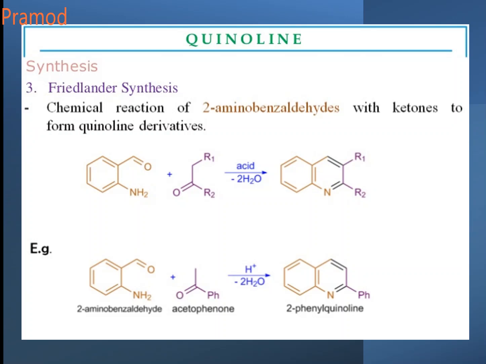What is Friedlander's reaction? 2-amino benzaldehyde undergoes condensation with ketones, in presence of an acid, to give your quinoline. This is the way you can prepare various substituted quinolines. You can prepare 2-phenylquinoline and others with the help of Friedlander's synthesis, where you take 2-amino benzaldehyde and treat it with a ketone in presence of an acid to get a substituted quinoline.